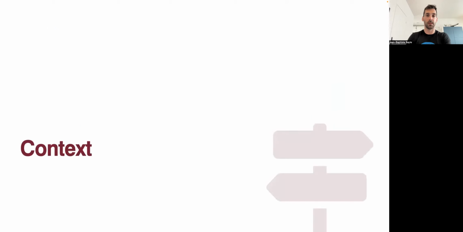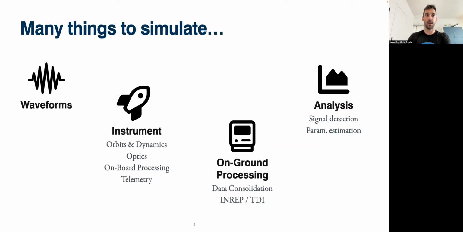So let's start with a little bit of context. When you talk about simulating things in LISA, there are a lot of things that you can do. You can simulate waveforms, as time series or in the frequency domain. You can also simulate the instrument itself, LISA. You can simulate the orbits and the dynamics, maybe the test mass motion, attitude control, and so on.